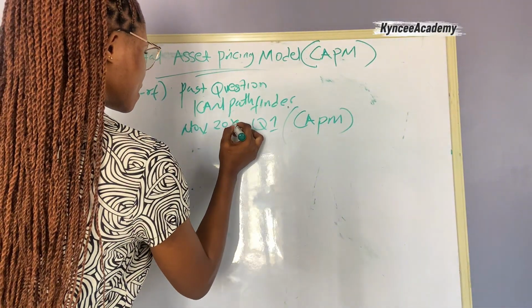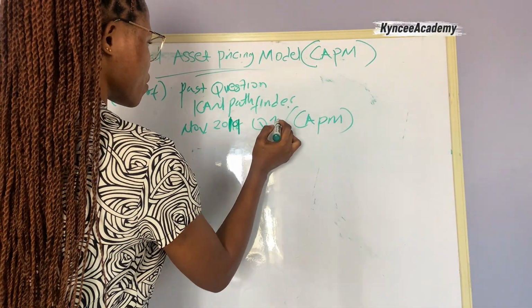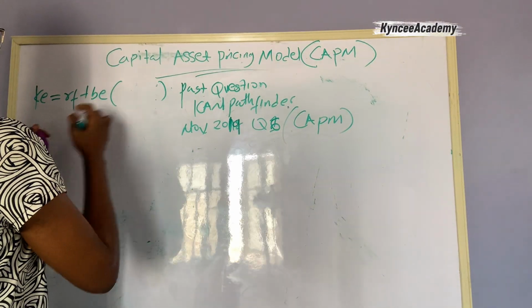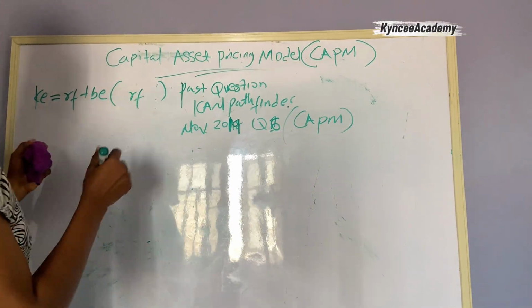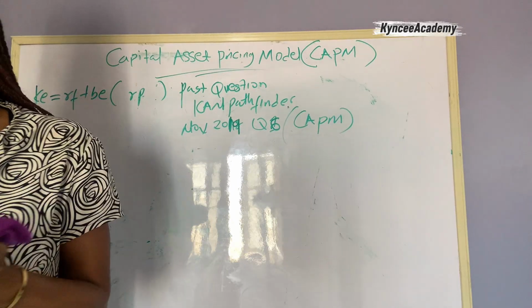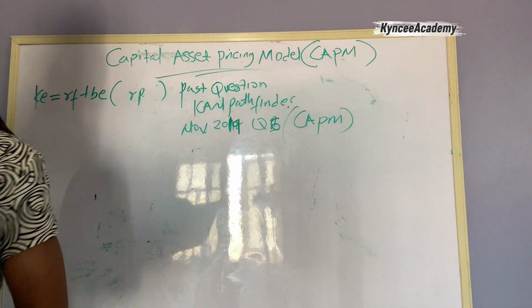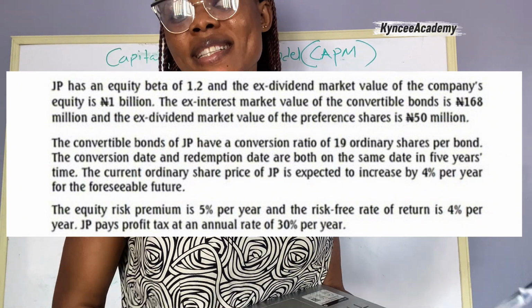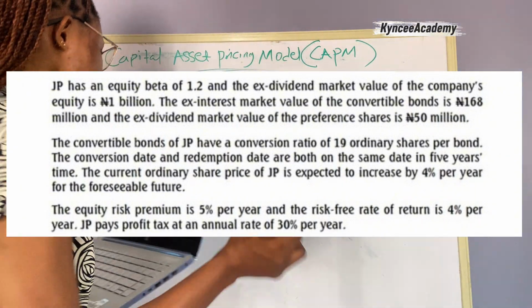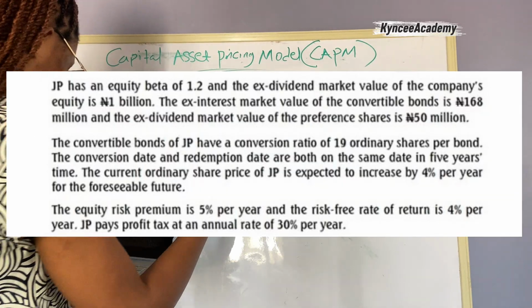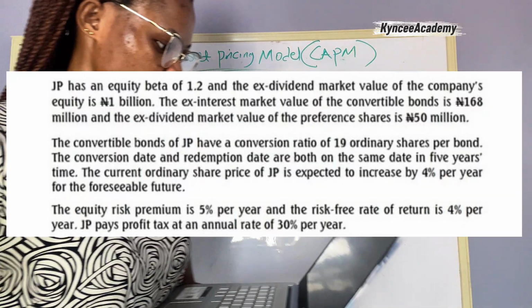November 2019, question 6. Risk premium. JP has an equity beta of 1.2. Equity beta, BE is equal to 1.2.